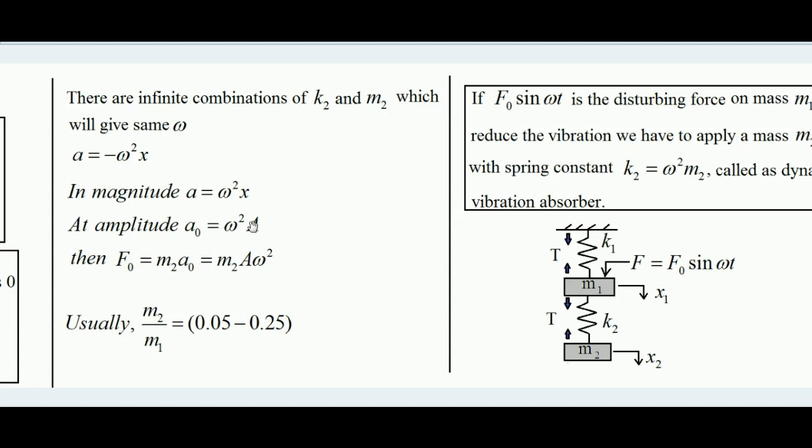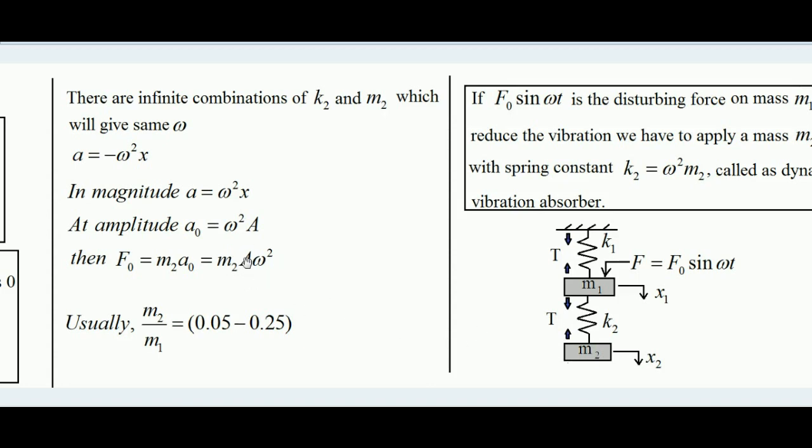In place of a naught, I write omega square A, so I get m2 A omega square. Now we know this maximum force F naught is a constant, and omega is also a constant. So constant equals constant, which means m2 A into omega square is also constant. So m2 into A has to be fixed. Now suppose we take a very small mass, m2 is very less.